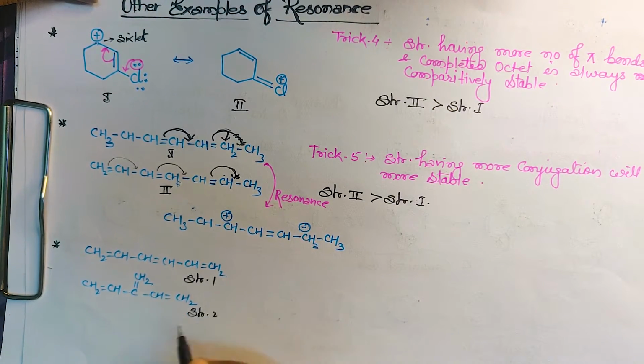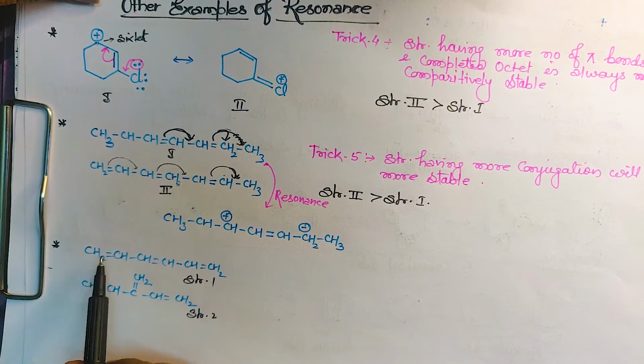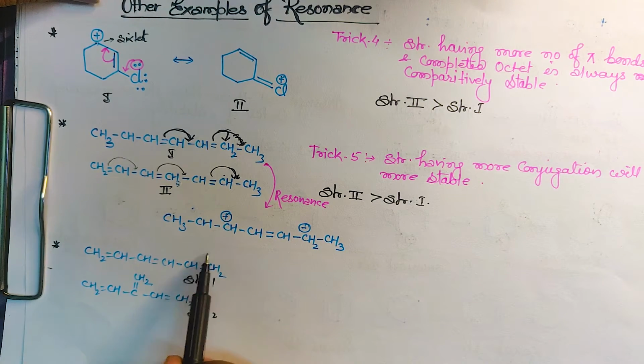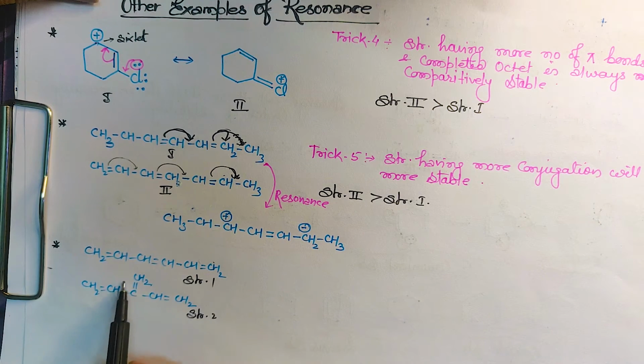If I show, the resonance is possible in both the cases, isn't it? This can shift over here, this can shift over here, this can shift over here. So resonance is possible. Here also, this can shift over here, so this will shift over here, or this can shift over here, so this will shift over here. Yes, resonance is possible in both the cases.